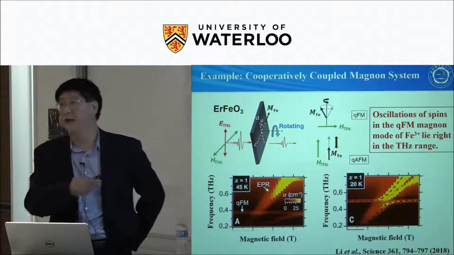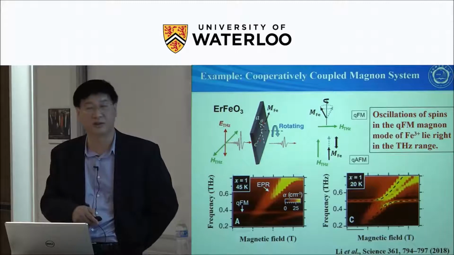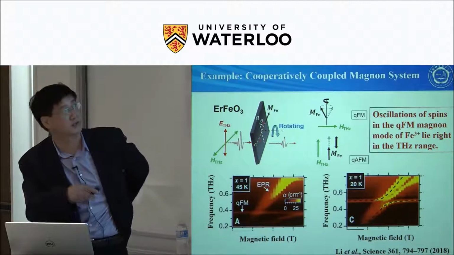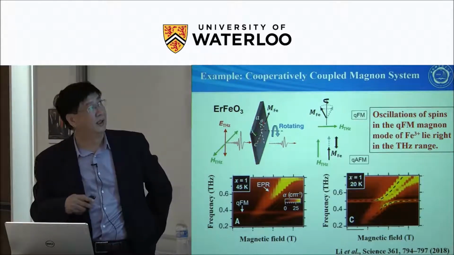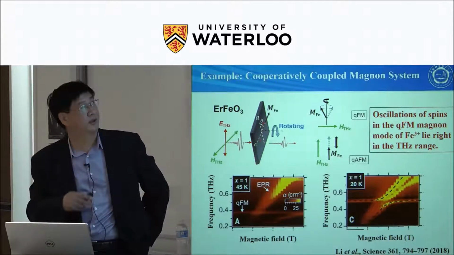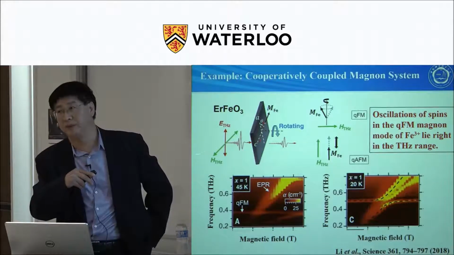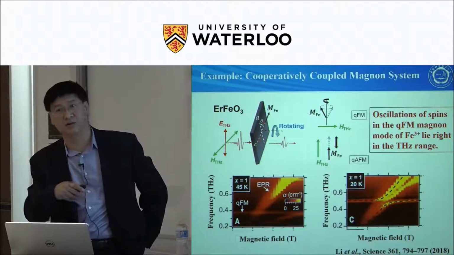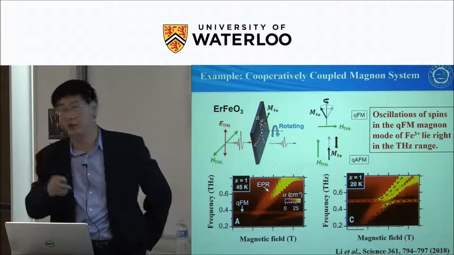To give an example, this is just in Science in 2018. This was not published by my group. This was published by somebody else. What they did is, you have this material, erbium ferrite, okay? Then you have a terahertz beam illuminating the material. Then we rotate this material. Then we have two modes come out.